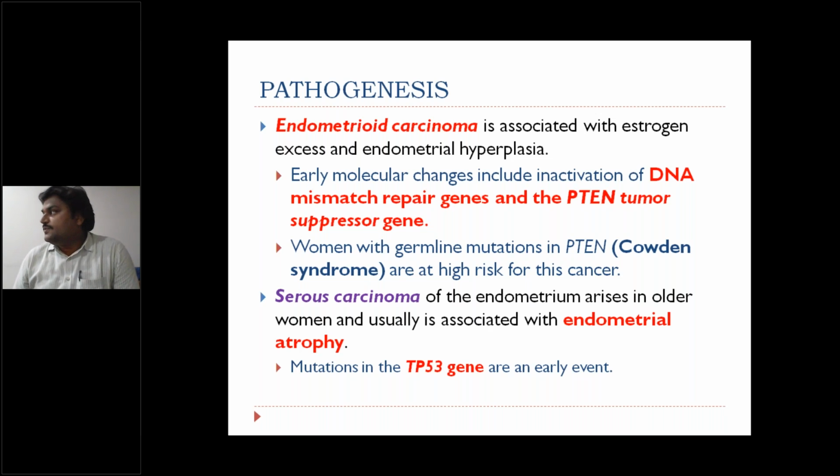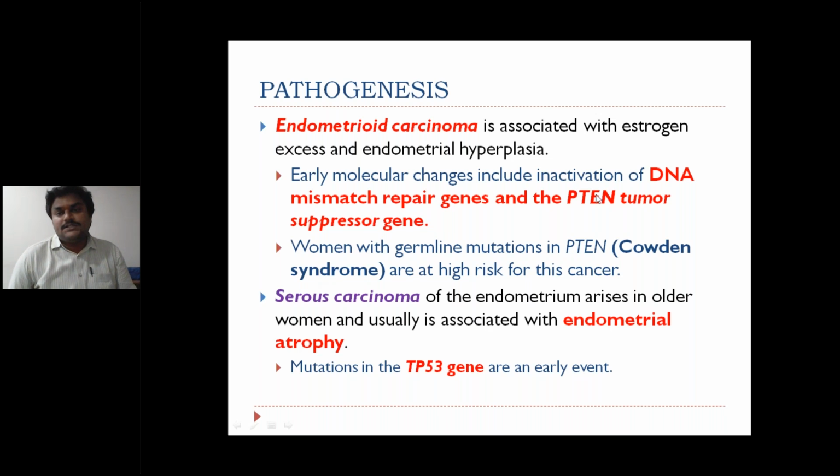There are certain tumor suppressor genes in our body, like P53, the RB gene, and the PTEN gene, which suppress tumors. If they themselves get mutated, like PTEN here in endometrial carcinoma, there is nobody to control the cells. The cells will multiply, the mutated DNA will multiply in large numbers, and this results in the formation of a tumor. So because of mutation of DNA mismatch repair and PTEN, we get endometrial carcinoma.